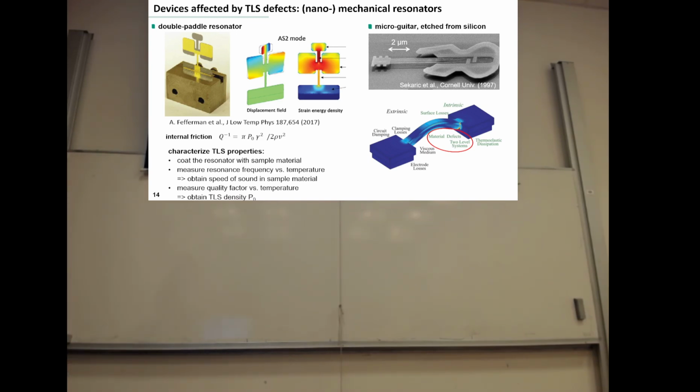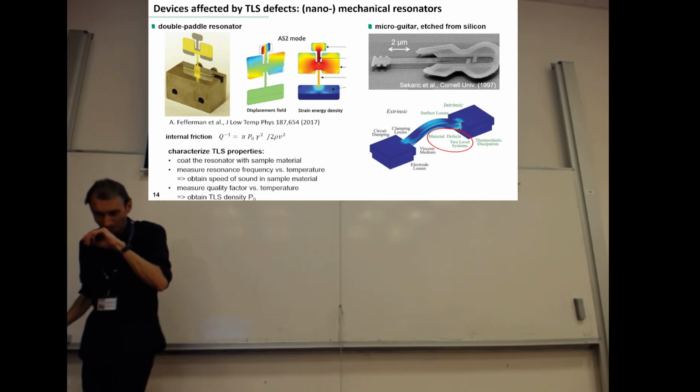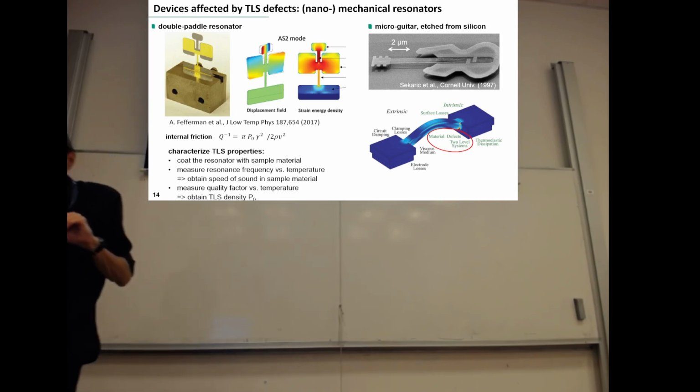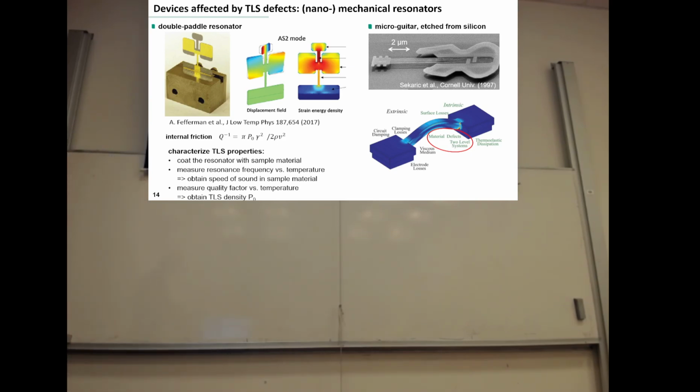You can actually exploit this to learn something about the defects. One famous device people used here are these so-called double paddle resonators. You basically etch out of crystalline silicon this interesting structure here, and then you excite it using some asymmetric fields at the resonance frequency. The oscillating mode which you have in this structure is shown here.